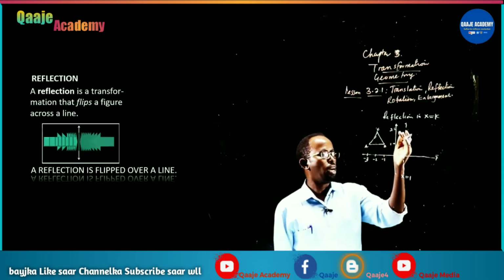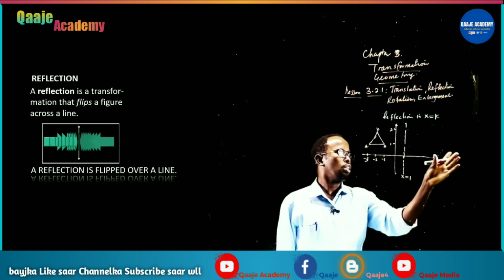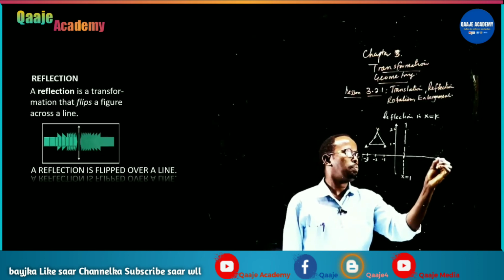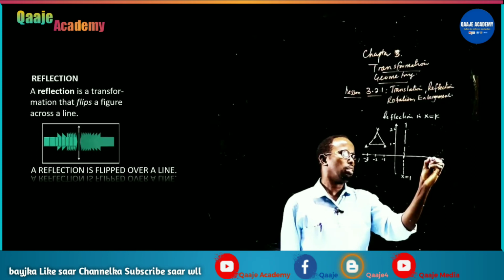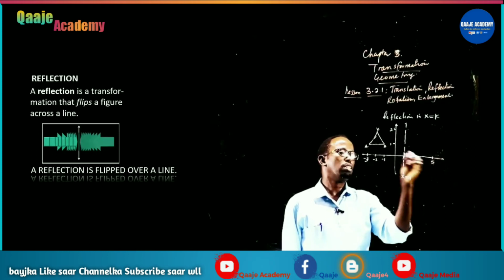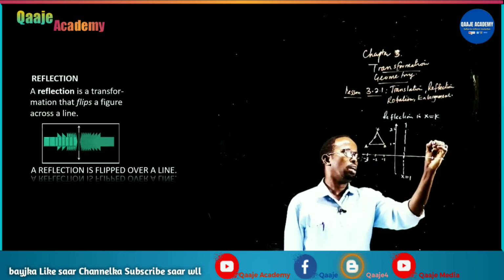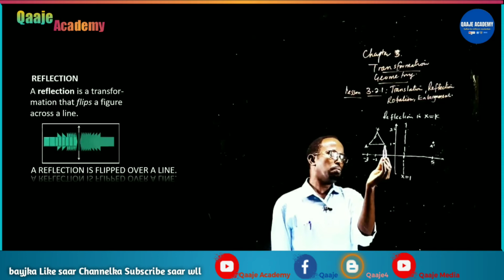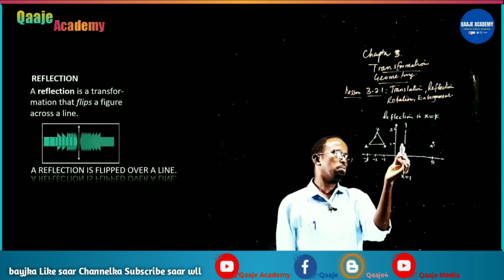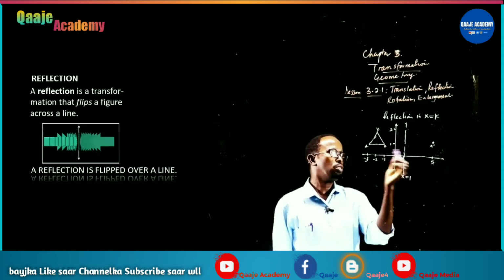From the mirror, you move 4 steps that way, so that one becomes 5. Let me assume this is where 5 is. There will be no change in the y, so we have 1 there, and this one becomes A prime. The distance from B to the mirror line, you have 1 plus 1, you have 2 units.